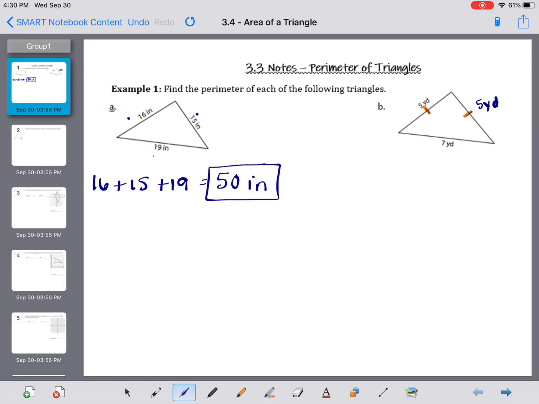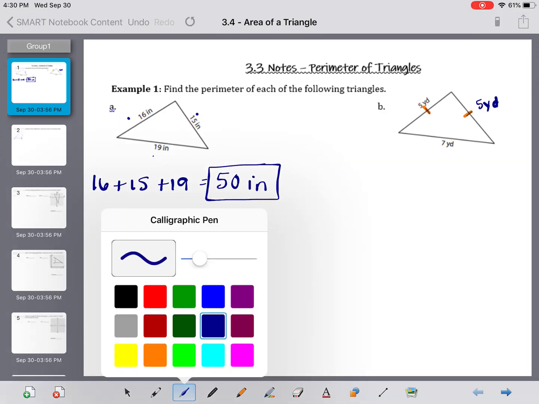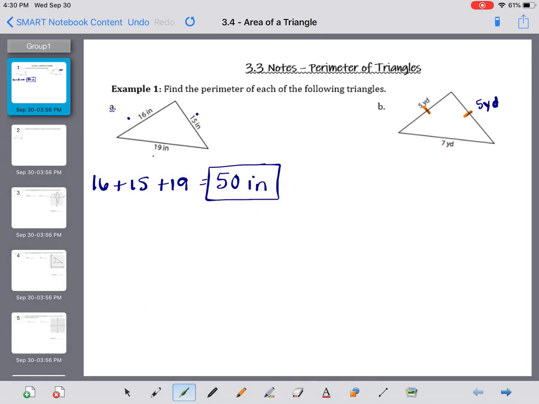Now that we know the length of that side, we can add them together: 5 plus 5 plus 7 to get 17 yards. If you walked on the outside of it, you would walk 17 yards.